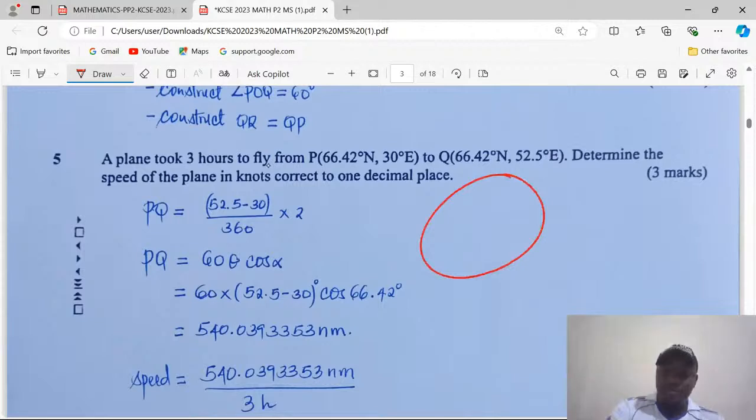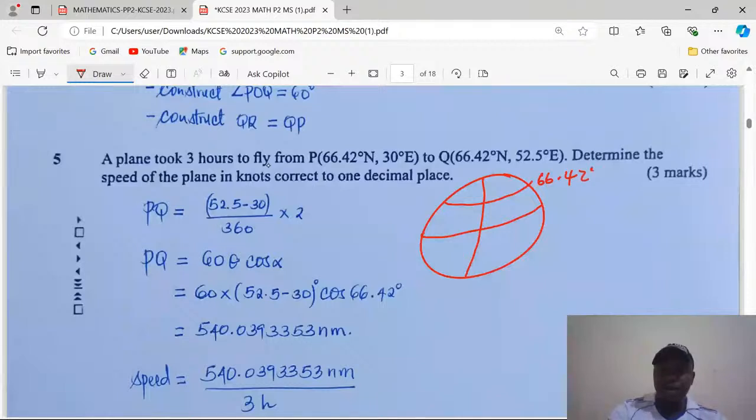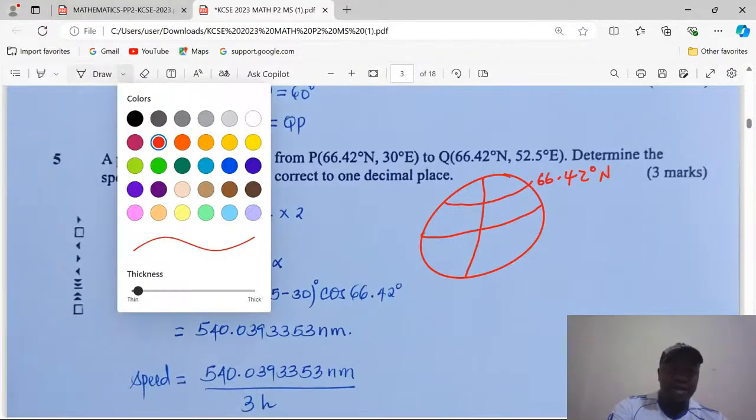Just a sketch. This is the prime meridian. This one is the equator. Then we are talking of 66.42 degrees north.